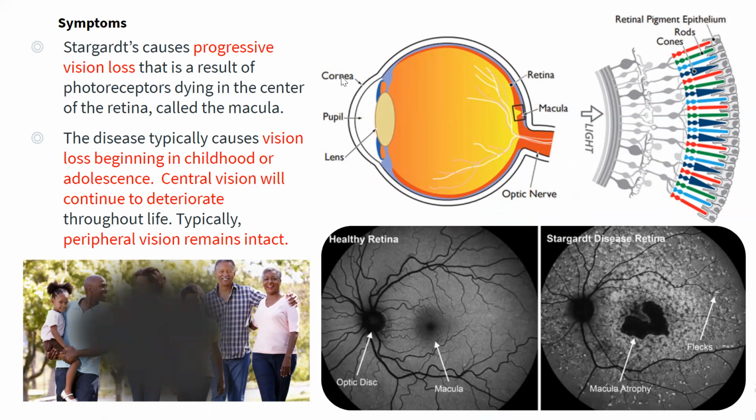Okay, Stargardt causes progressive vision loss. This is your symptoms box. Progressive vision loss beginning in childhood or adolescence, and it's mostly the central vision. Peripheral vision remains intact.